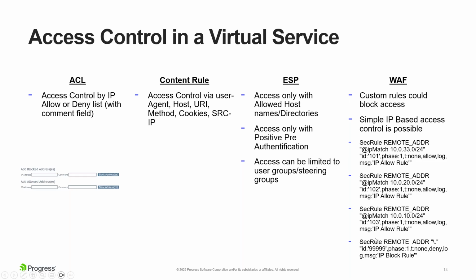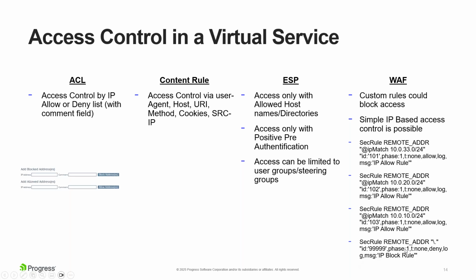So here's a sample that one of our customers passed on to me. Pretty nice, actually. This is one rule, but it has 4 different pieces in it. The first thing says, if you are part of this IP range, you're allowed. If you're part of this IP range, you're also allowed. If you're part of this IP range, you're also allowed.